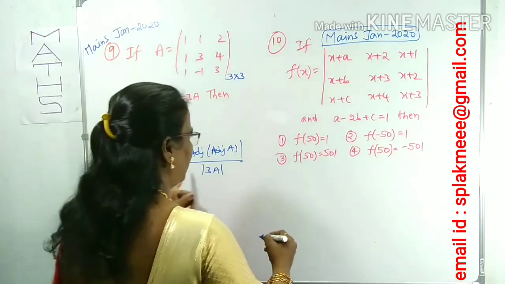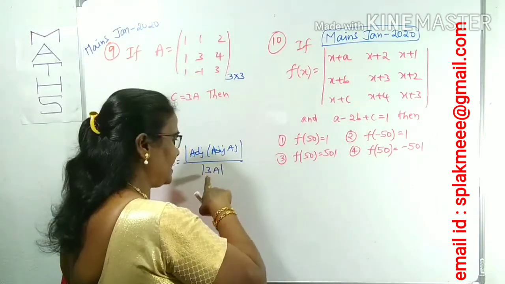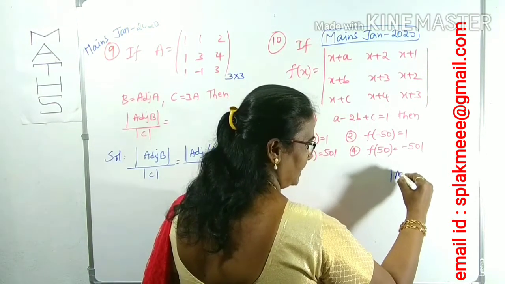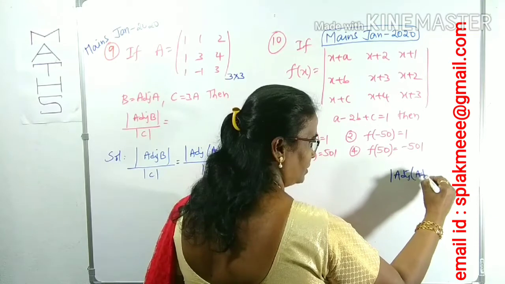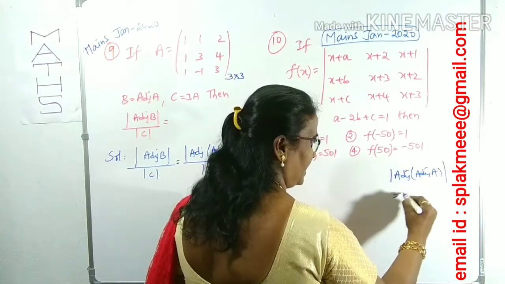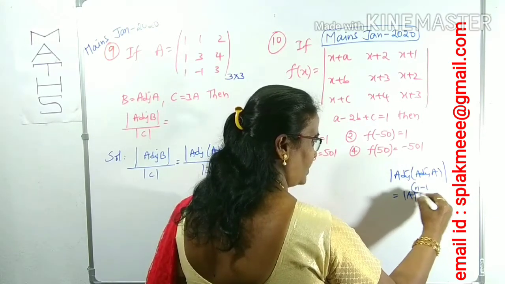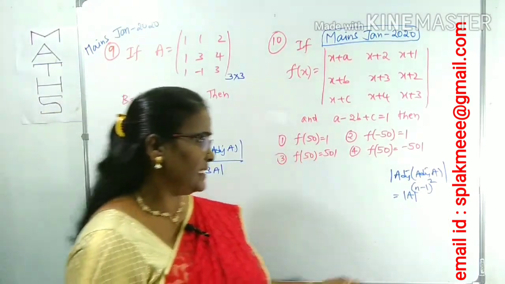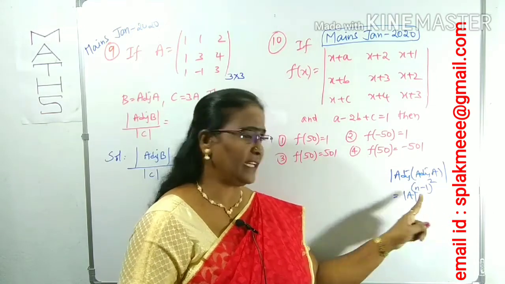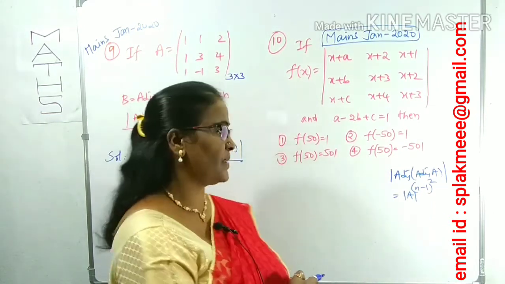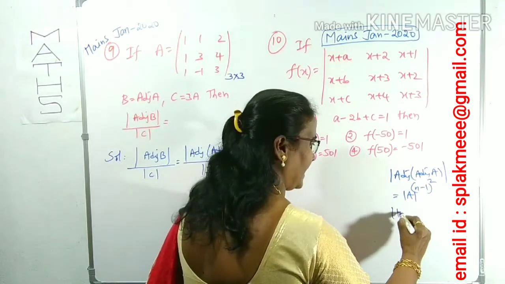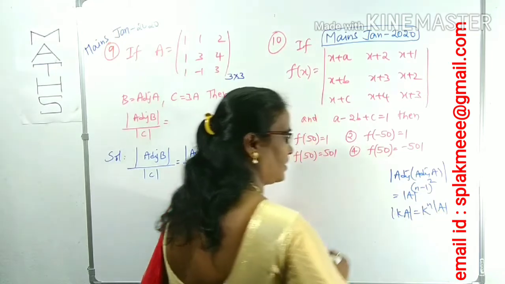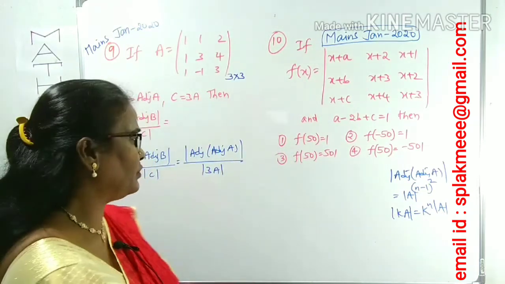You know these two properties from adjoint and inverse as well as determinants; I am giving them once again here. Det of adjoint A is det A whole power n minus 1 whole square, where n is the order of that matrix. And det of K times A is K power n into det A, where n is the order of that matrix. Those two I am using here.